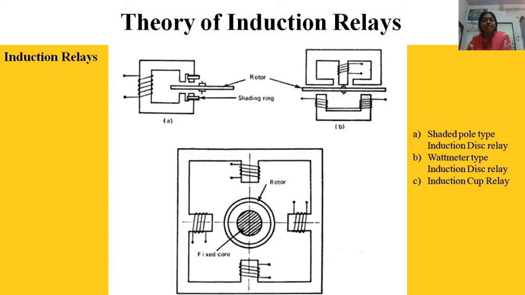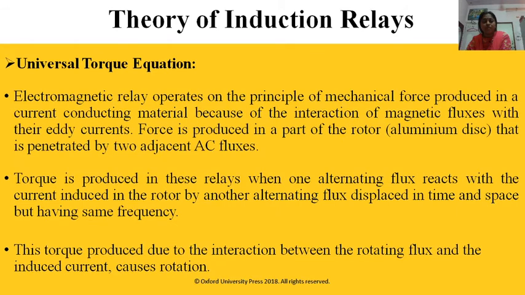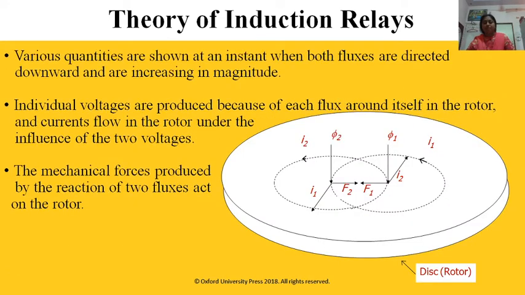Now we will see how the relay operates, or the principle of working of this induction disk type or cup type relay. This flux phi1 is produced by one coil, one magnet. This flux phi1 will induce eddy current in the disk. This is I1. This flux phi2 will induce eddy current I2.